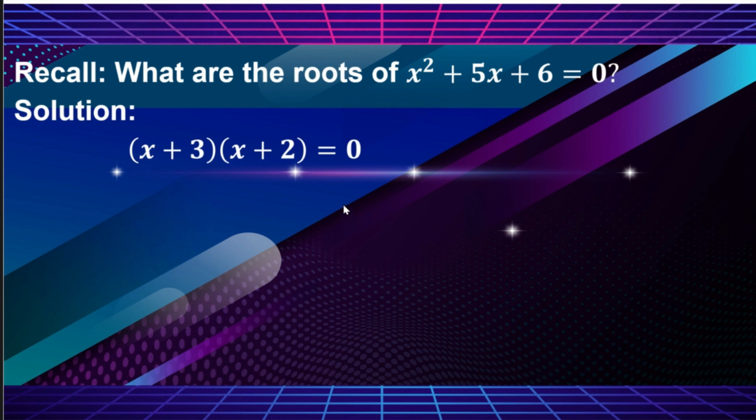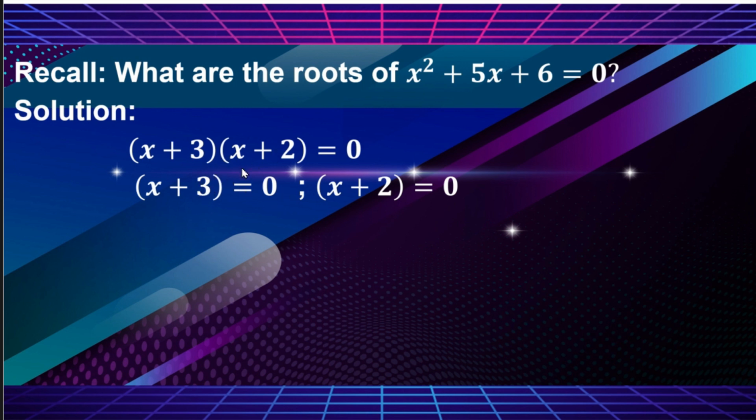Then let's proceed to the next step. We are going to separate the two factors by using the zero product property. Then afterwards, we are going to transpose 3 to the right side.